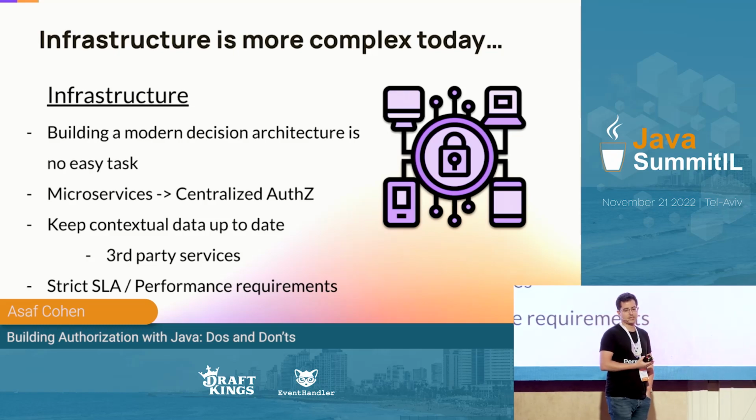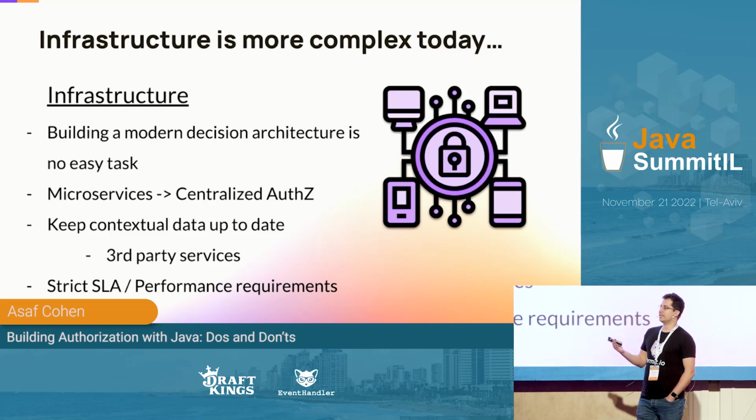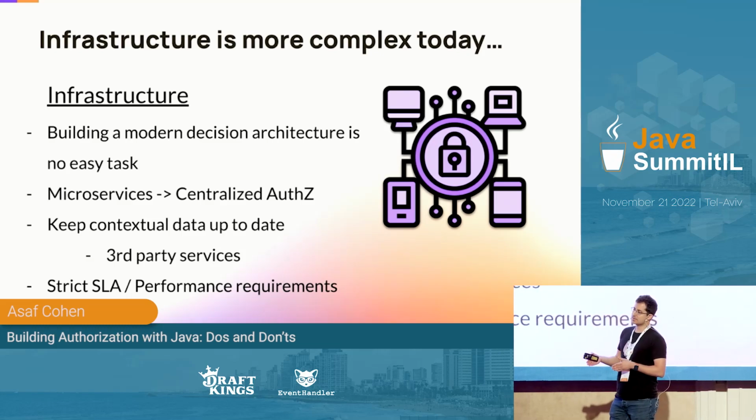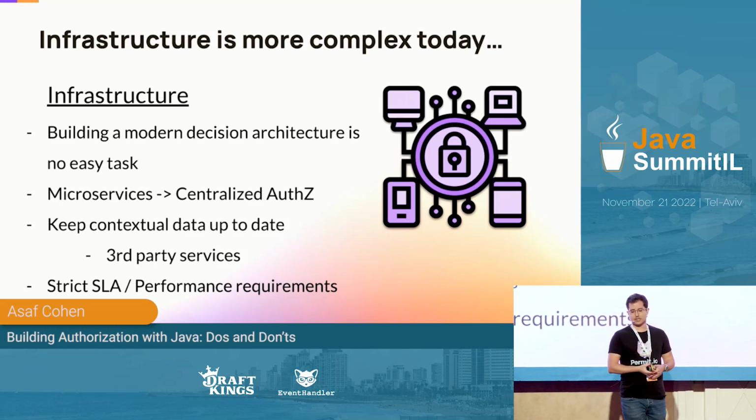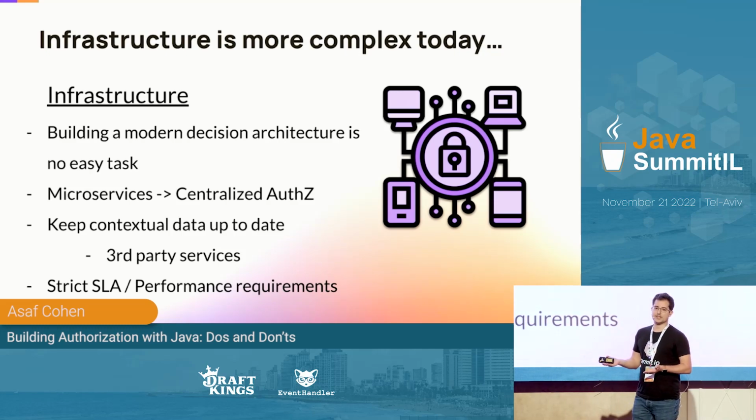You need to think about data challenges. You need to stream all the contextual data that you need to enforce decisions to one place. Authorization data is application data. Sometimes you want to know what account a user belongs to. That's also application data, and that's also data that contributes to authorization. And sometimes you have data from third-party services.